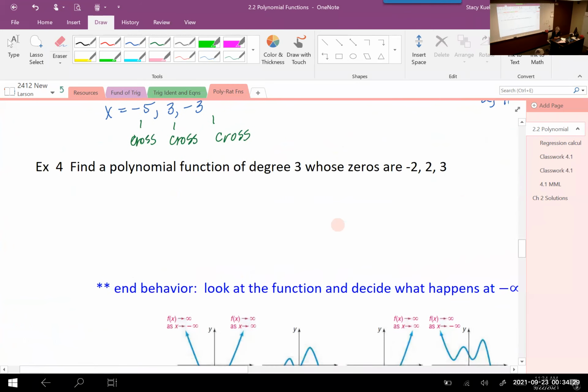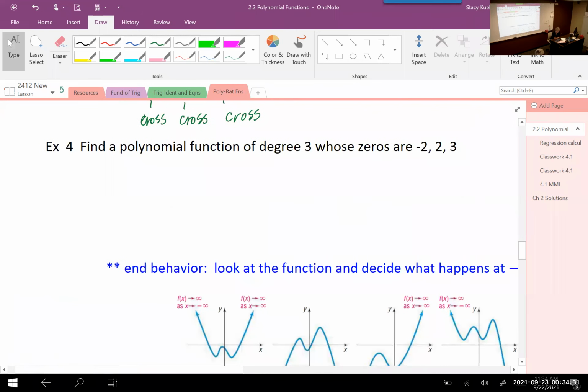Let's look at this problem and go backwards. For this problem, I want to create a polynomial function of degree 3. We didn't talk about that, maybe we should in a minute. It has zeros at -2, +2, and +3.